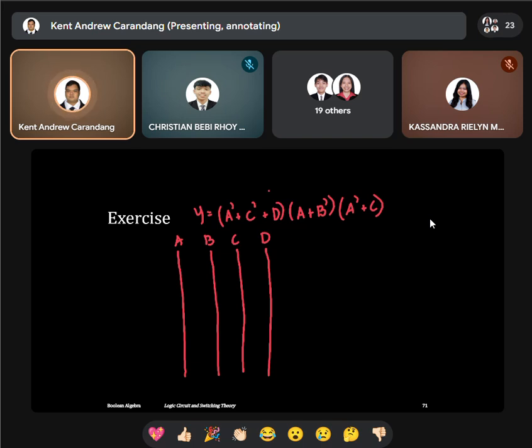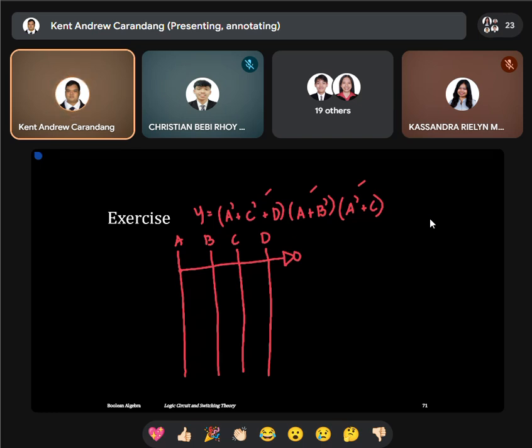We have three parts here. Let's start with the first one. A complement: we plot this A here and insert the NOT gate, since it's A complement.